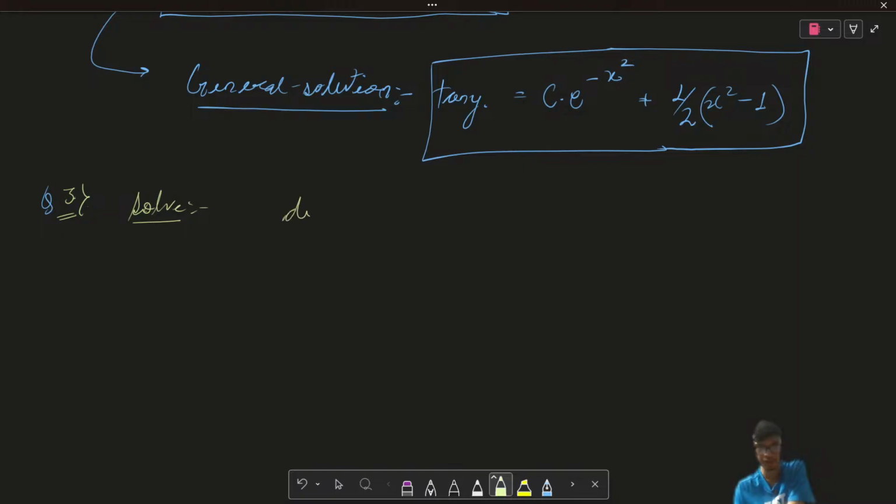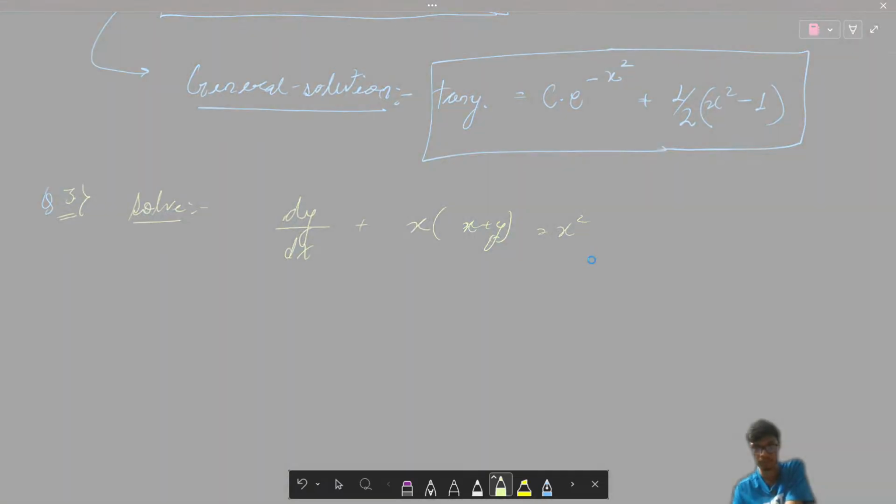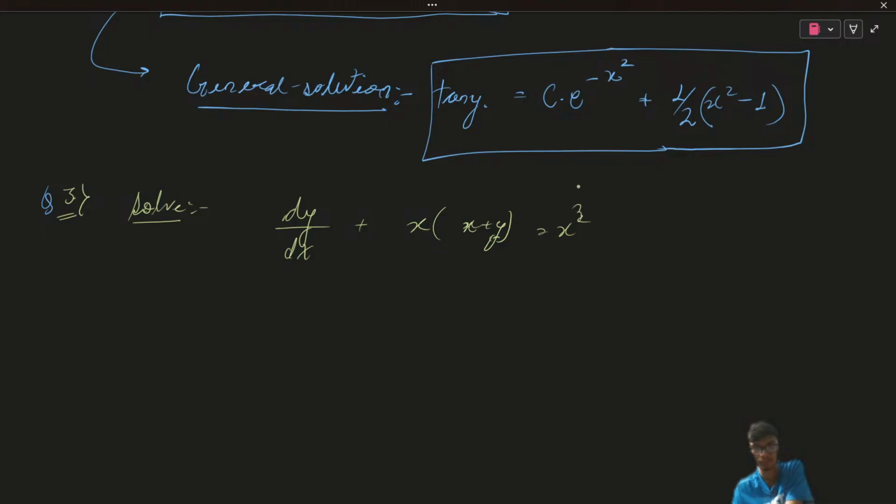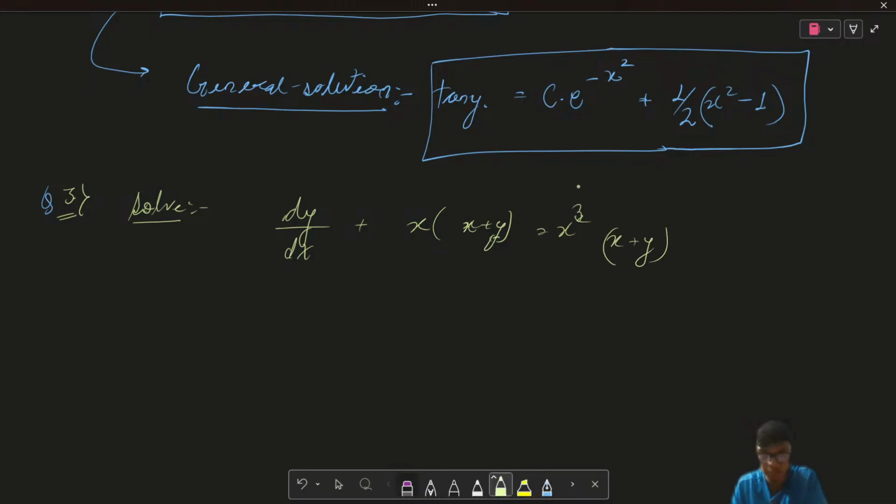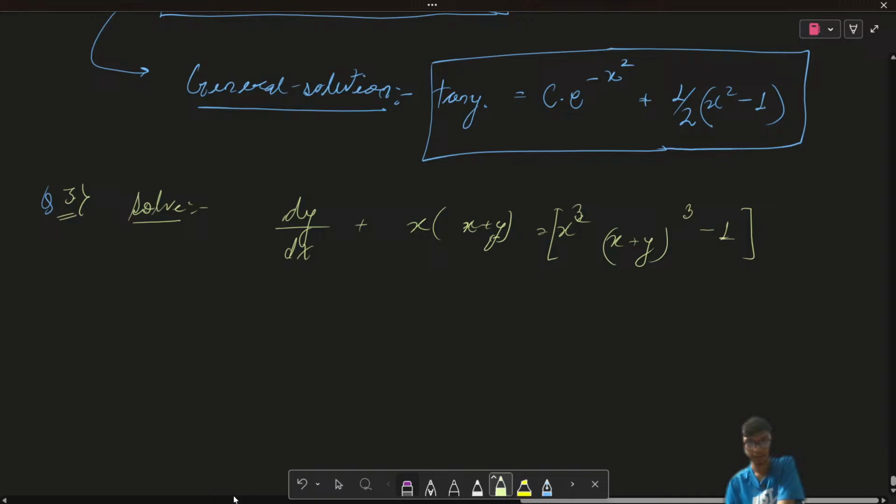This equation is given as dy upon dx plus x into (x plus y) is equal to x cube into (x plus y) whole cube minus 1. So I have this as the following differential equation. Now by looking at it, it is very non-linear.